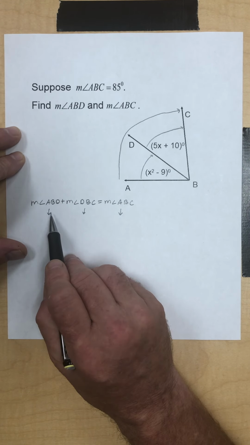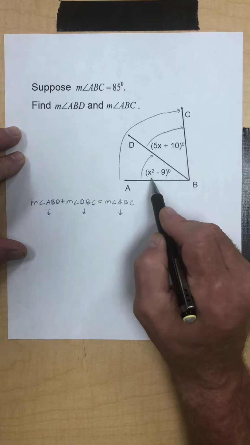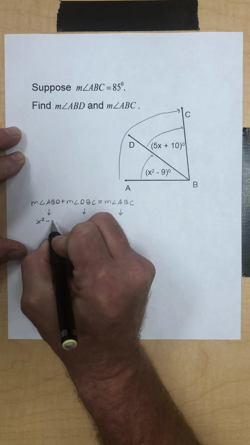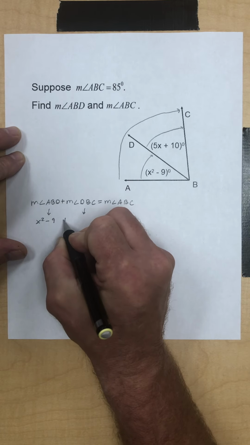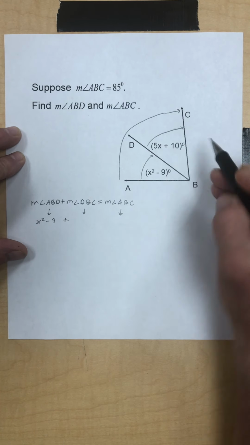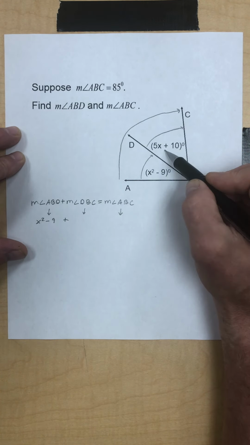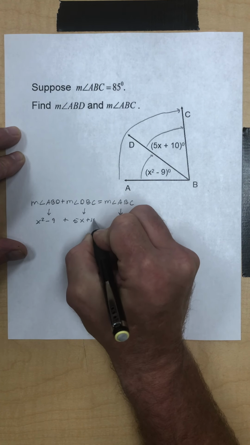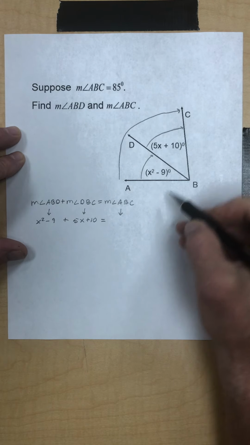So let's see, the measure of angle ABD, that's x squared minus 9. Okay, so we get x squared minus 9 plus the measure of angle DBC, that's 5x plus 10, equals the measure of angle ABC.